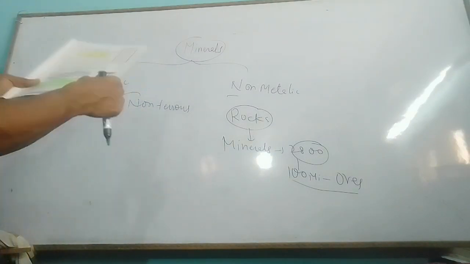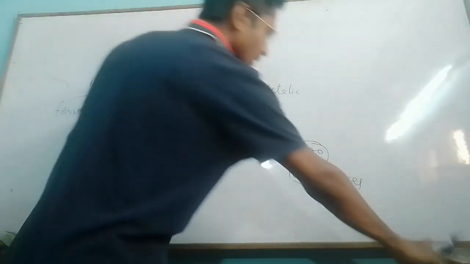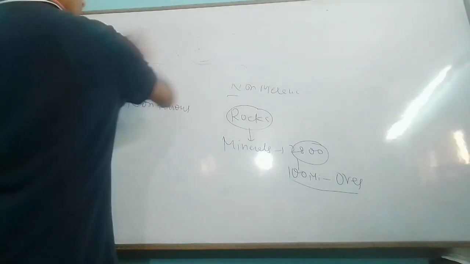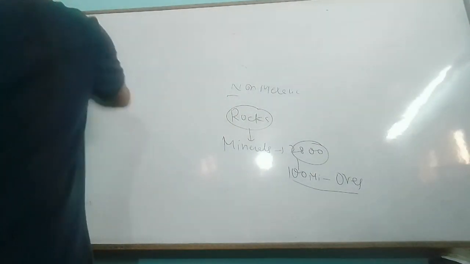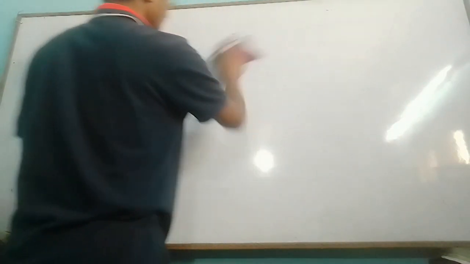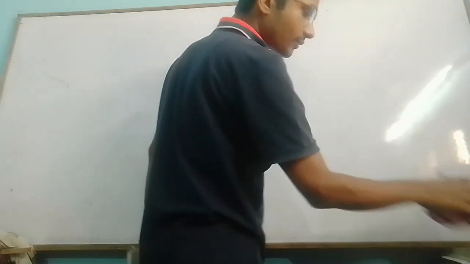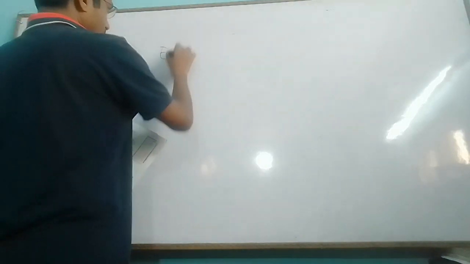So next is extraction of minerals. What do you mean by extraction of minerals? Extraction means obtaining from something. ओके मतलब किसी चीज से निकालने का जो प्रोसेस होता है उसको एक्सट्रैक्शन कहते हैं। एक्सट्रैक्ट मतलब क्या होता है? किसी चीज से निकालना.